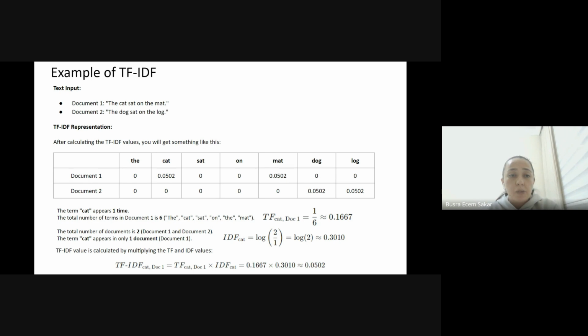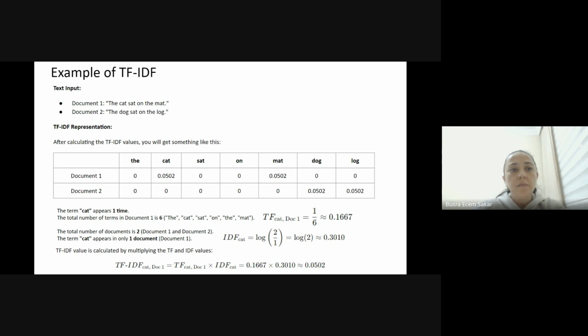This example demonstrates how TF-IDF helps to prioritize meaningful words in a document by giving higher scores to words that are unique or rare across the entire set of documents. It is especially useful for tasks like document classification and information retrieval, where we want to focus on the most important words.